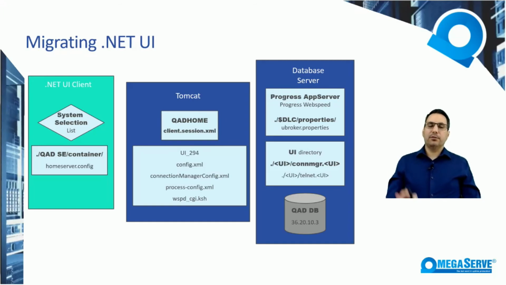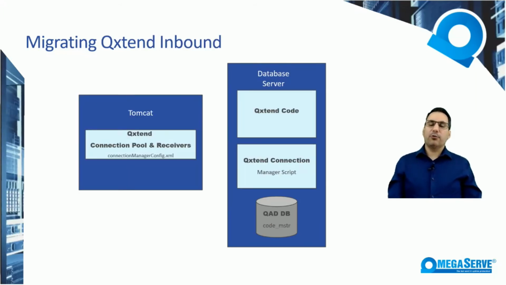And also there are some changes at the database server level that will need to be changed. If you happen to change the Progress app server name, for example, that would be in your ubroker.properties file. On the QExtend inbound side, if you're migrating QExtend inbound, there are also some settings in Tomcat that will need to be changed.